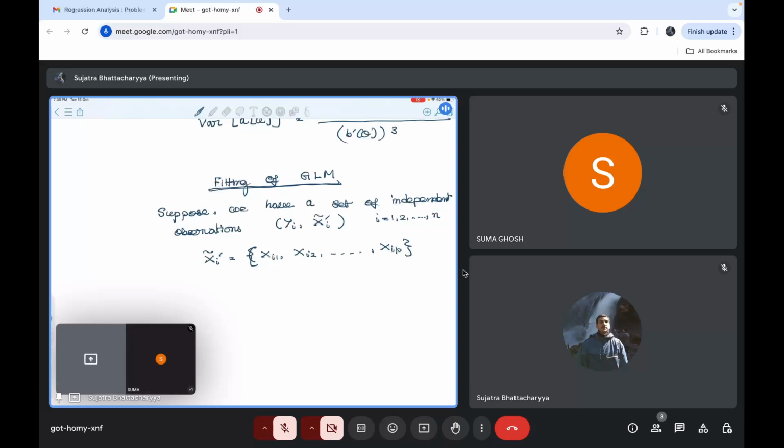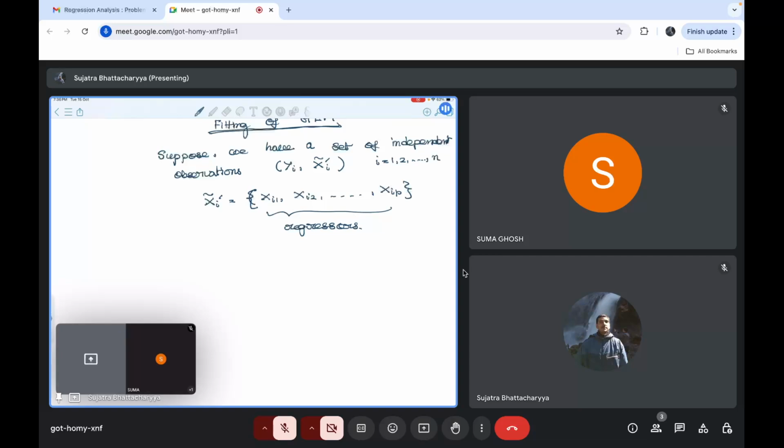That's all. That is what we are trying to say here. This is a kind of multiple linear regression model. So these are nothing but the regressors, x0, x1, x2, and so on. And i represents the ith observation. There are n observations. The ith observation is xi1.